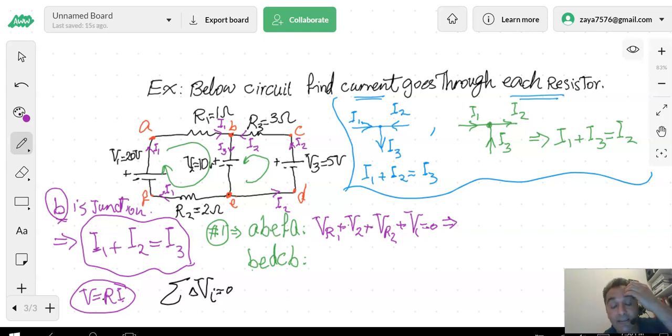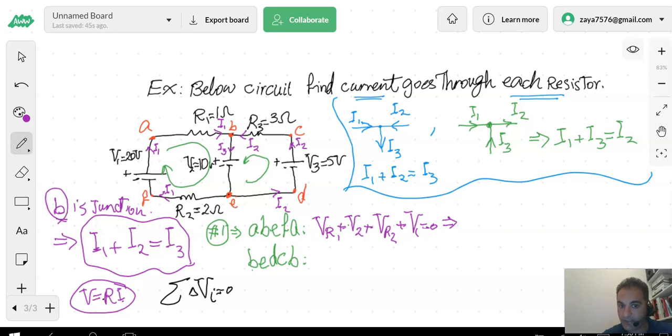Ask this question: am I going in the same direction? I go from A to B in the same direction. I go this direction. Am I going in the same direction as I1 is? Yes.